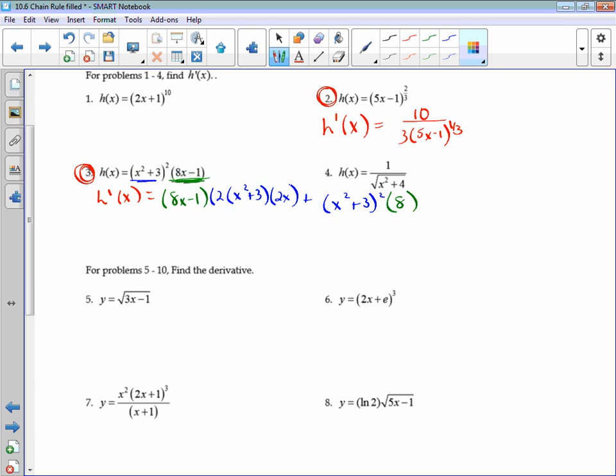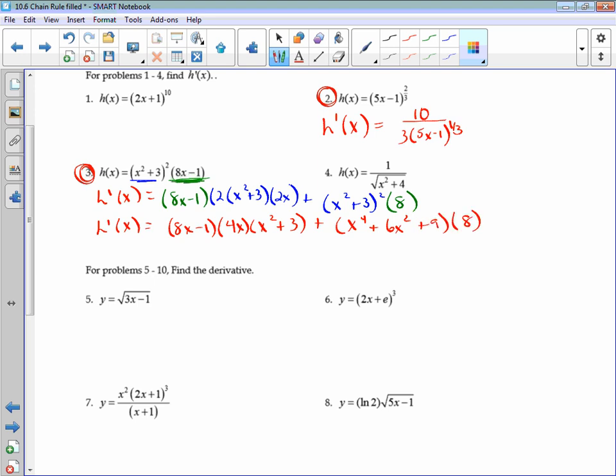Okay, so let's try. I'm going to leave this alone for a minute, just making sure we see it. We okay with that? Okay. If I square this real quick, that'd be x to the 4th plus 6x squared plus 9. Okay.